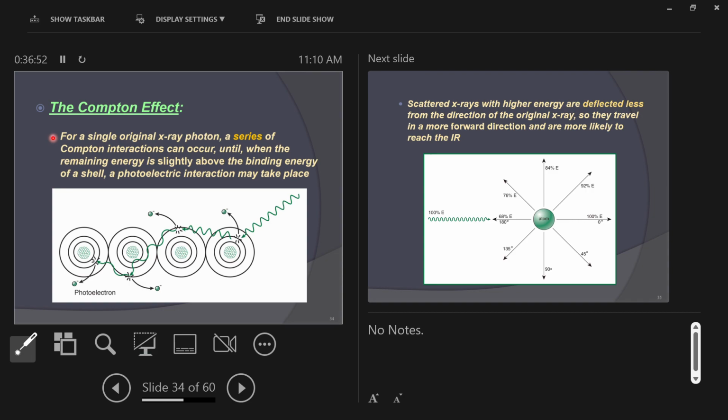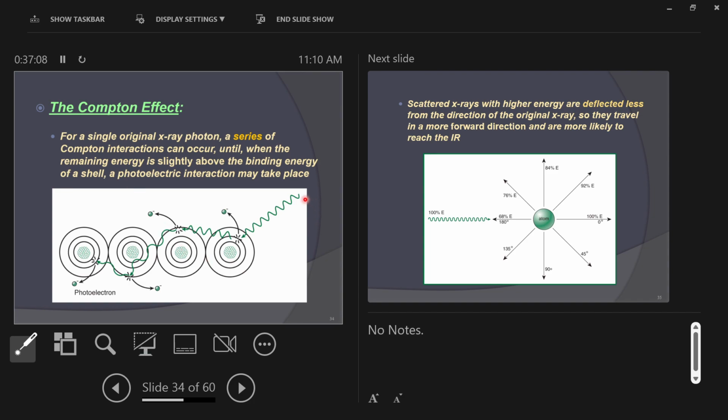A series of Compton interactions may occur until the remaining energy is only slightly above the binding energy of that last atom, and then a photoelectric interaction takes place.